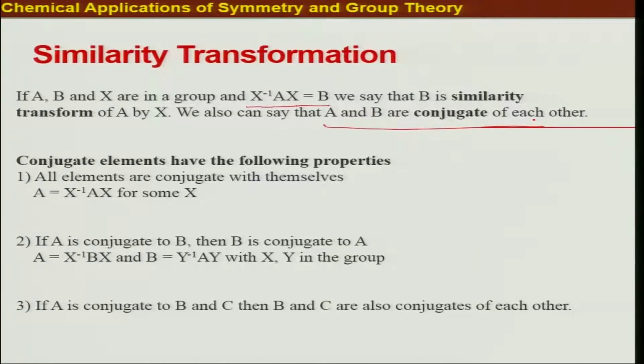Now there are certain properties of these conjugate elements that we will look at next. The first property is that every element is conjugate with itself. What does it mean?